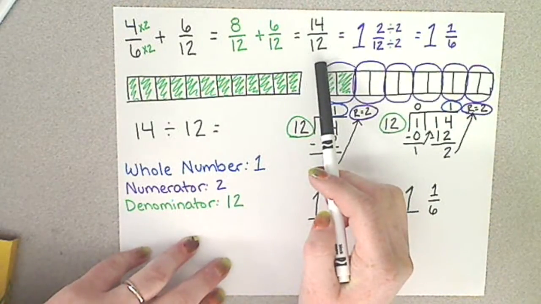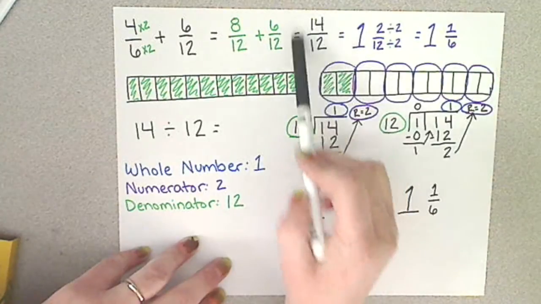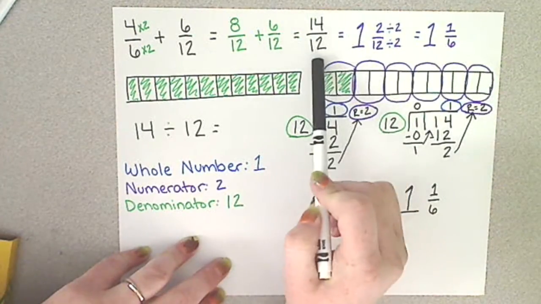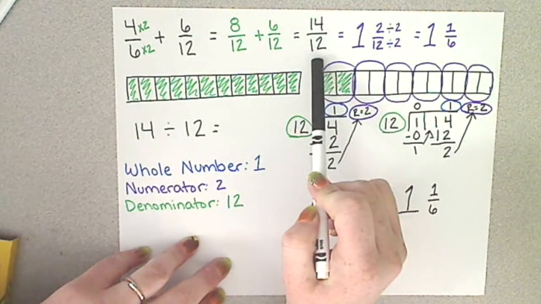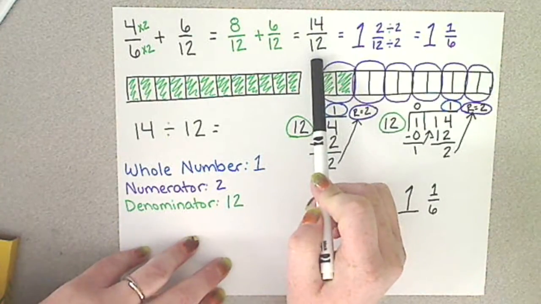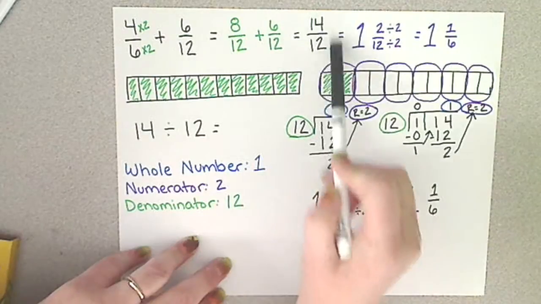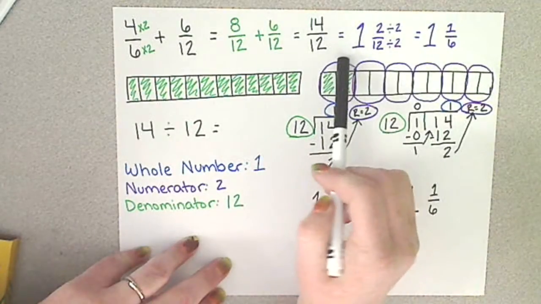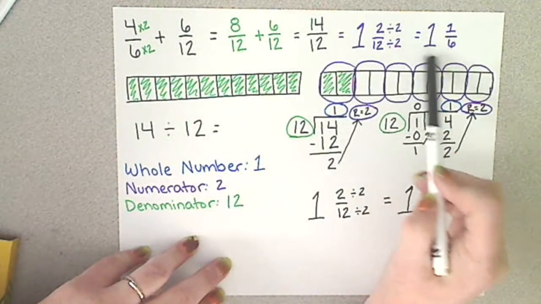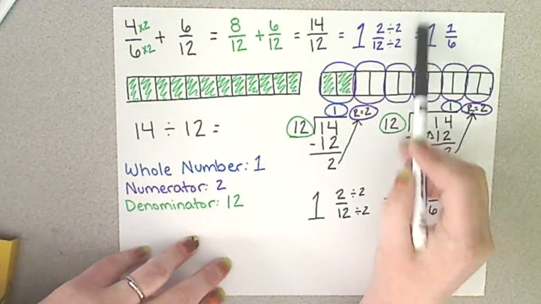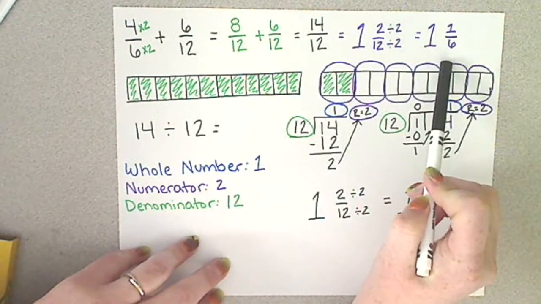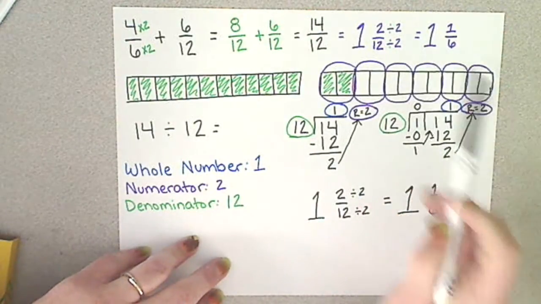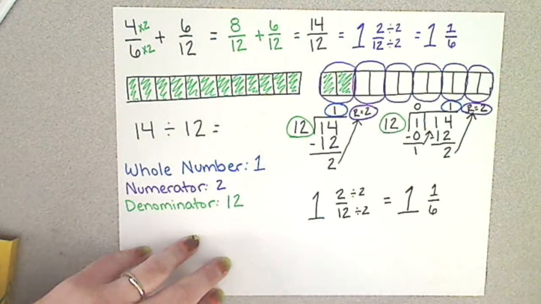Now, I'm okay this week if you leave it as an improper fraction for the basic computation of adding and subtracting fractions. But if you'd like to push yourself, you could even list what the improper fraction was, and then also give me the mixed number. That way you can show me that you've already begun working on this skill. All right, so let's take a look at our next example.